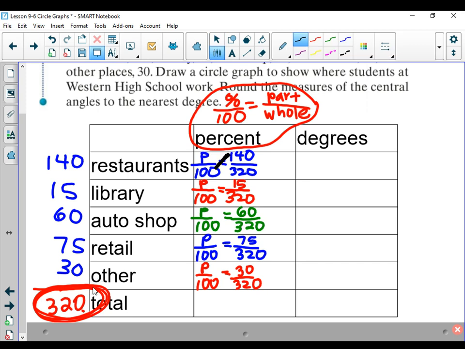140 times 100. Grab your calculator if you don't have it. Remember, they don't like this weather, so if one isn't behaving, try a new one.